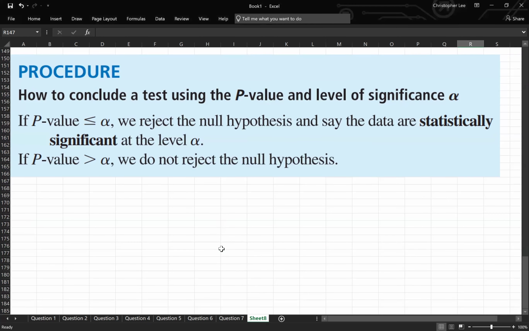And then in step 5, I want you to interpret your decision.